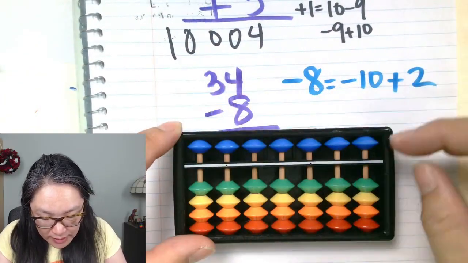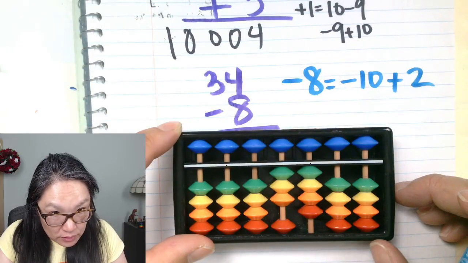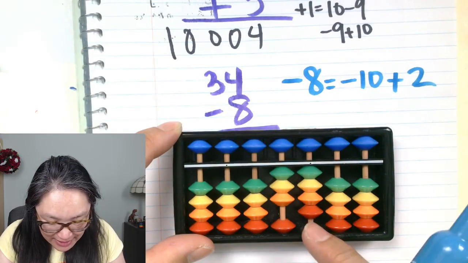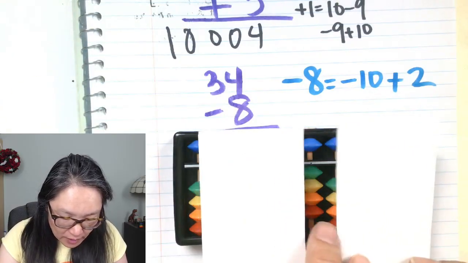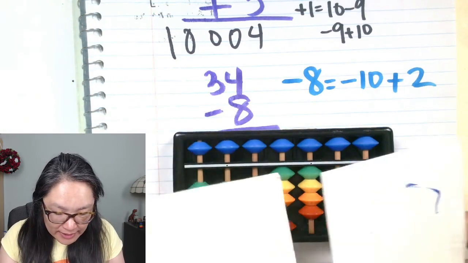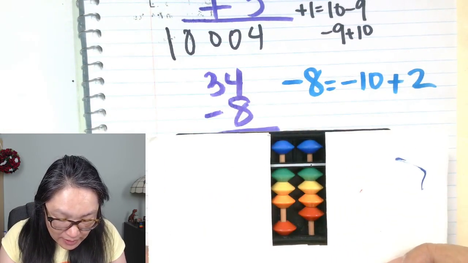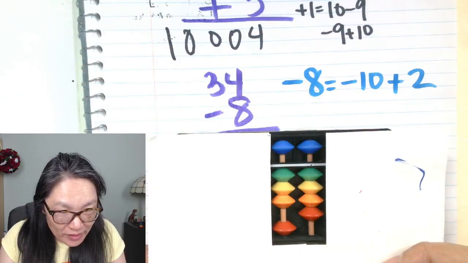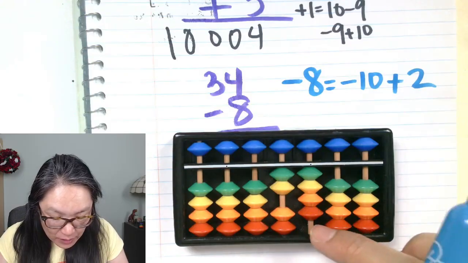So my question is 34. I want to minus the 8. I need to take away the 8 here, but I can't take away the 8. So what do I do? I need to minus the 10 and add the 2. We know this. Easy, right? We minus the 10 and we add the 2.